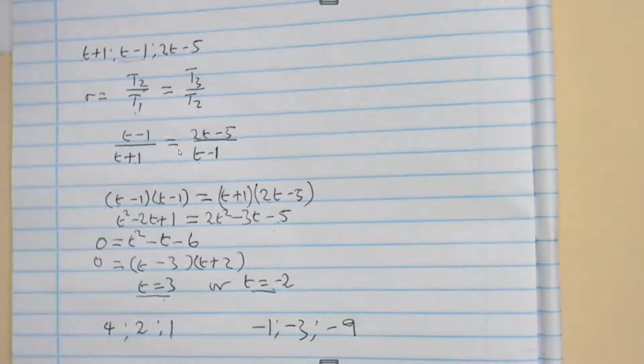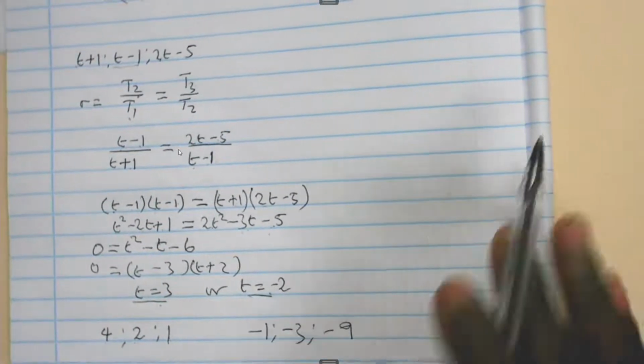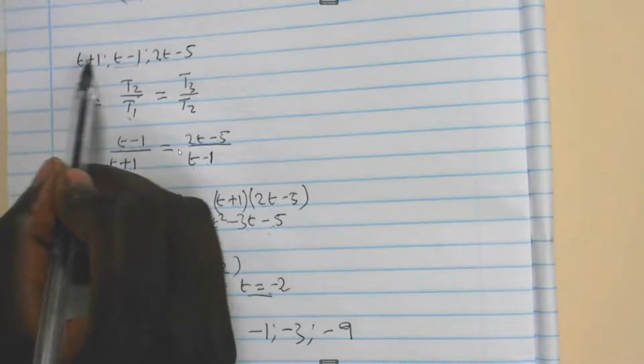Now let's check, is this sequence a geometric sequence? Negative 9 divided by negative 3, it's positive 3. Negative 3 divided by negative 1, it's also positive 3. Therefore both sequences are geometric sequences for both values of t. That would be it about these questions, whereby now we have a variable there.